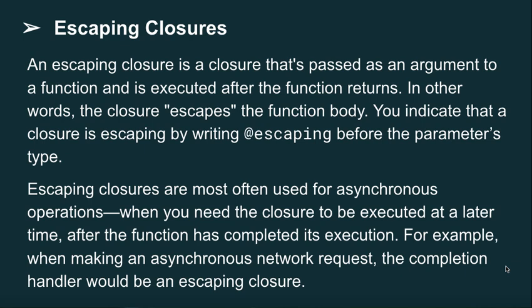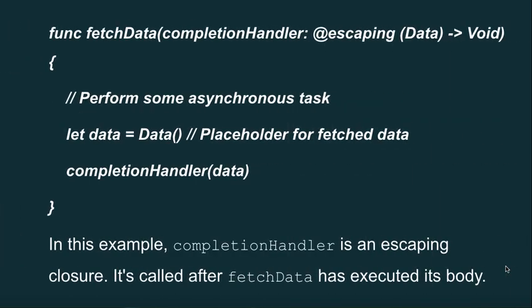Escaping closures are most often used for asynchronous operations, when you need the closure to be executed at a later time after the function has completed its execution. For example, when making an asynchronous network request, the completion handler would be an escaping closure.